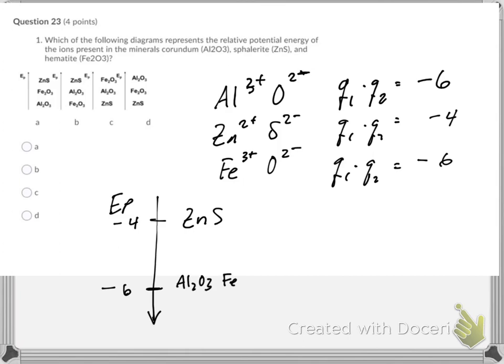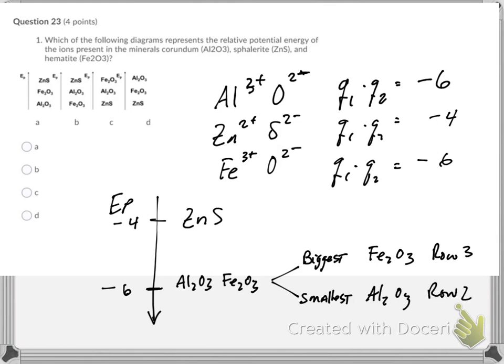Then we have aluminum oxide and iron oxide, both at -6. If you remember, the biggest one is going to be the least stable, the smallest one the most stable. And so we'd pick iron to be the one that is biggest. And you say, why is that? Because it's row 3, and aluminum is only row 2.